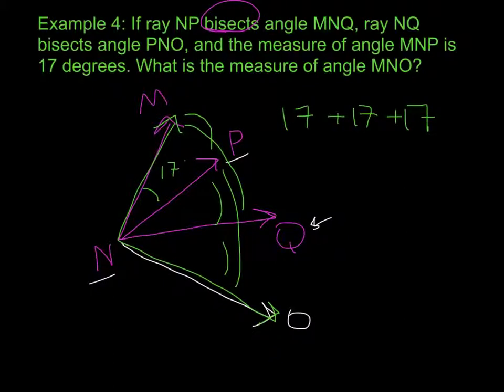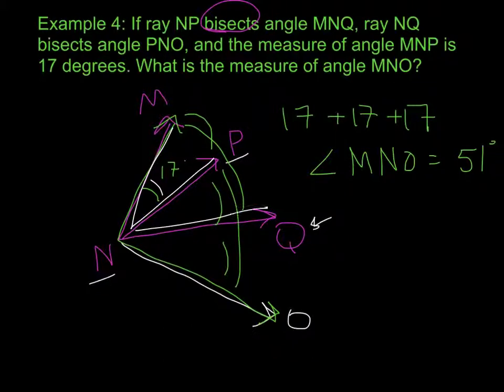So if we do 17 times 3, we'll find that angle MNO measures 51 degrees. And again, that's because all of these are halves of the other. So this is half of this, and this is half of this.